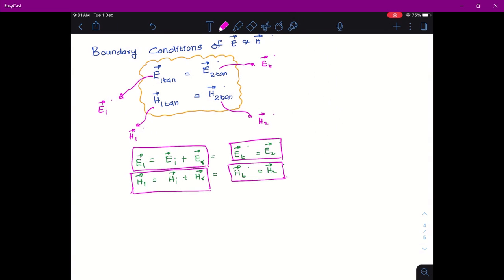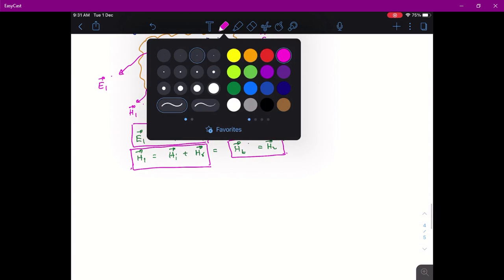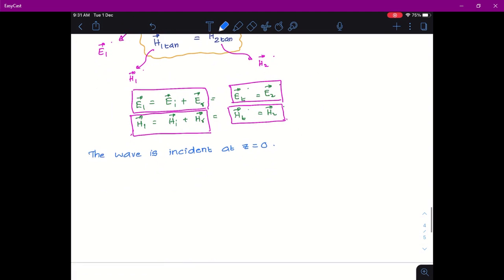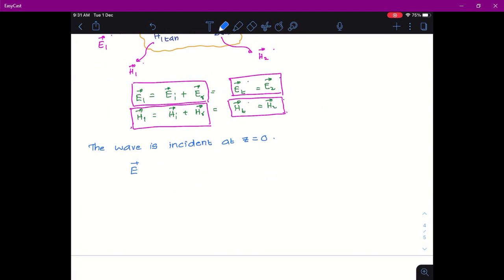Now the wave is incident at z equal to 0. This we have already stated. The wave is incident at z equal to 0, which means we need to find E1 at z equal to 0 and E2 at z equal to 0.